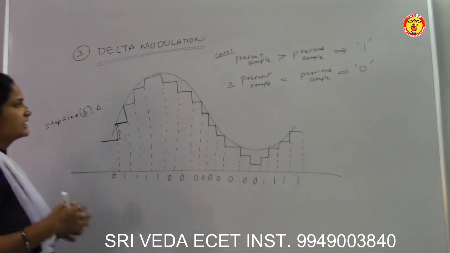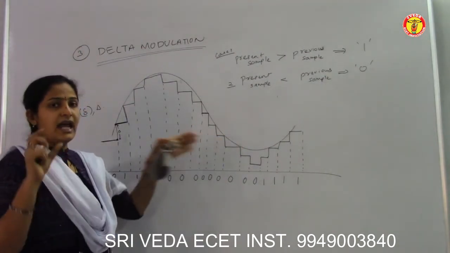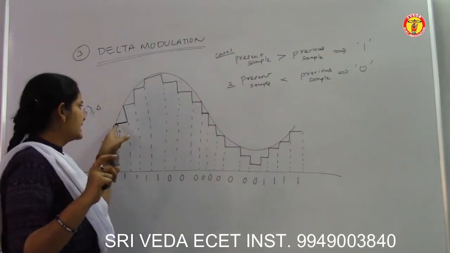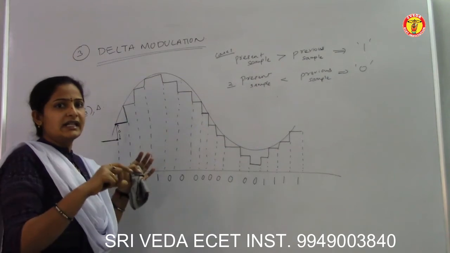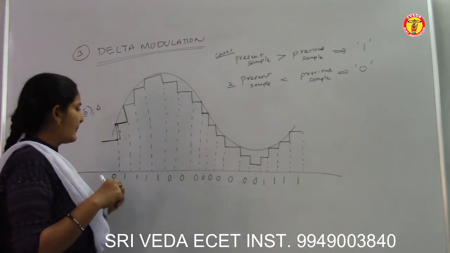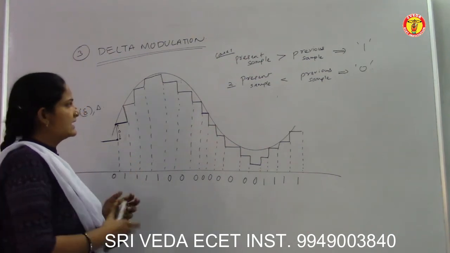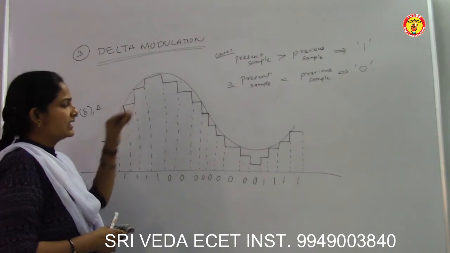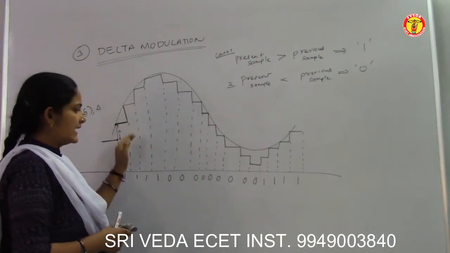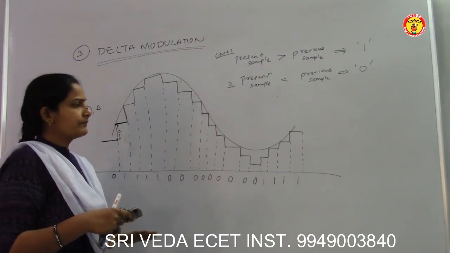So how is it generating this? First of all, by taking this analog signal, it is approximating a staircase signal, and then by using this staircase signal, I am able to see whether the quantizer output is 0 or 1. This is just a waveform, and next, how this delta modulation generates binary bit 1 or binary bit 0 using the staircase.